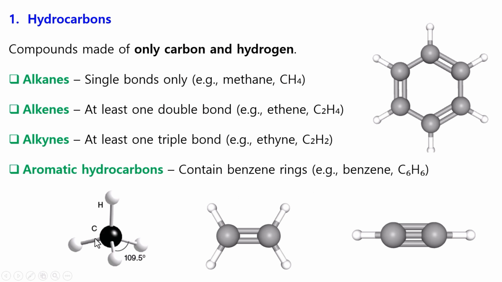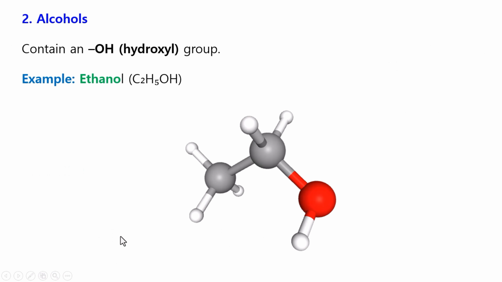So these are the hydrocarbons. Second one is alcohol. This kind of molecule contains an OH group. This is also one kind of organic molecule. You can see this is CH3, this CH2, this is an oxygen connected with hydrogen. So this is the ethanol molecule. Example is ethanol. This is the alcohols.